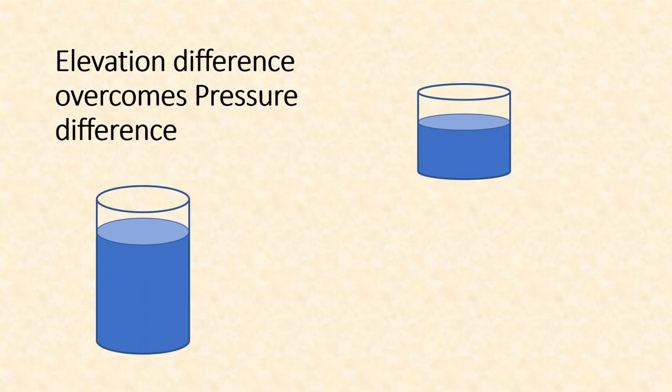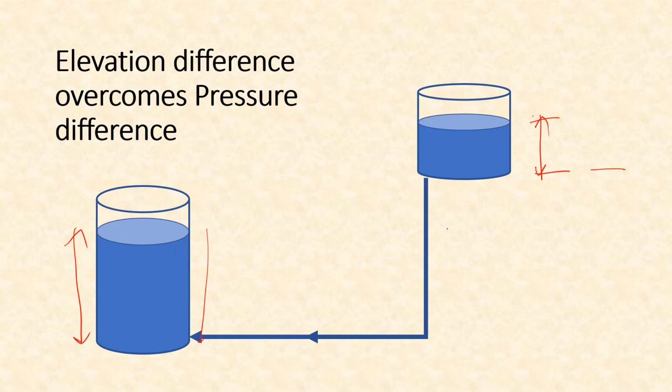Sometimes, for example, in this figure, this tank has obviously higher pressure than this tank because the depth of water or fluid is more here. But still, because this tank is at a very high elevation, water will flow from this tank to this tank, although the pressure at this point is more.